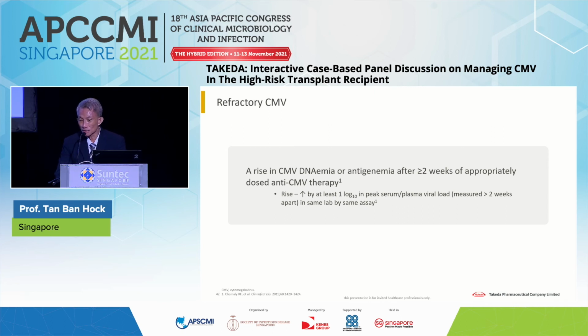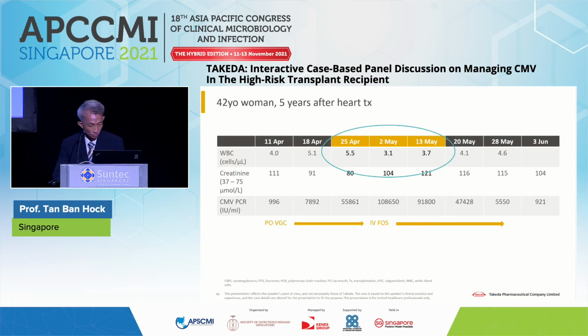So they say that there has to be at least a 1 log increase in the peak plasma viral load measured more than 2 weeks apart by the same lab, by the same assay. So it doesn't quite happen in Singapore because our patients come back to us, but in the big countries where you are transplanted in a major tertiary center, but go back to the small town, you may get CMV tests done in different labs employing different assays.